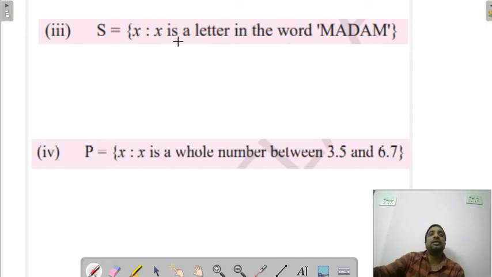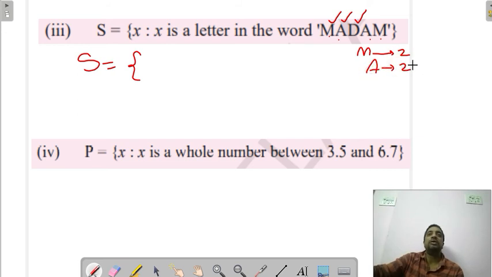S is the set using the letters from the word madam. So M we can take, A we can take, D we can take. See, A is repeated, M is repeated. So M is repeated 2 times and A is repeated 2 times. So we should take only 1 time.